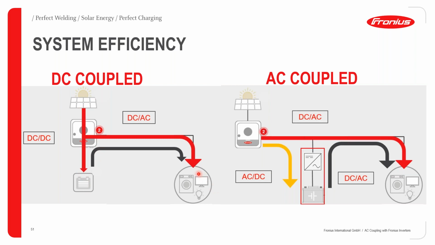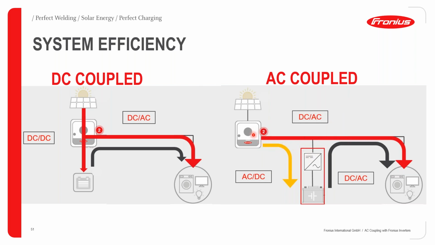But to have it used by the AC load line, it will have to be converted to AC by the inverter, of course, to be used by the load. So there's just one conversion from DC to AC. But for an AC coupled system, we have several conversion processes happening.